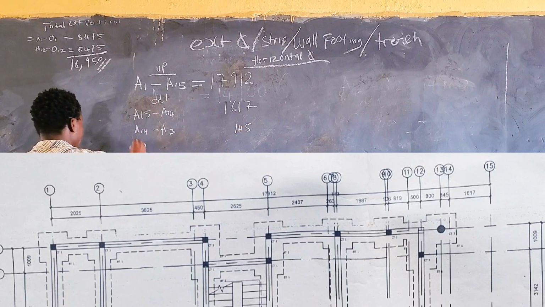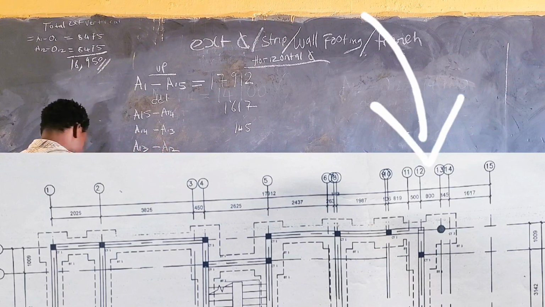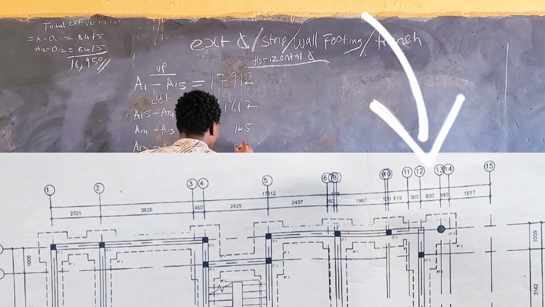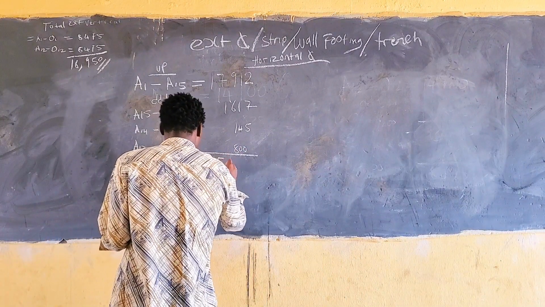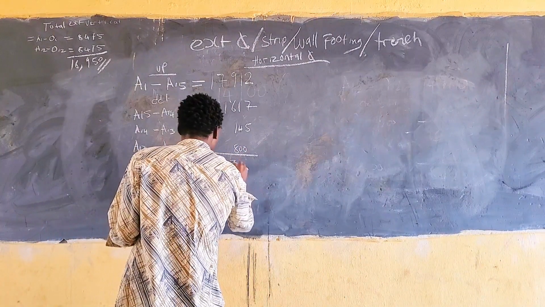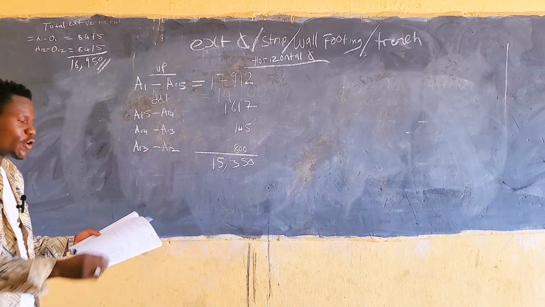From A13 to A12 is 800. So we deduct all this, and get 15,350. So we'll go on to count all the column bases that is there.